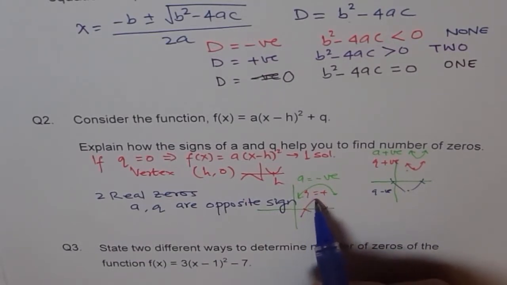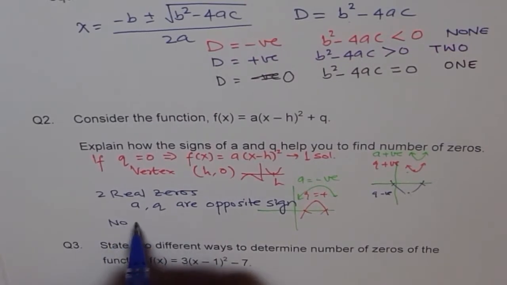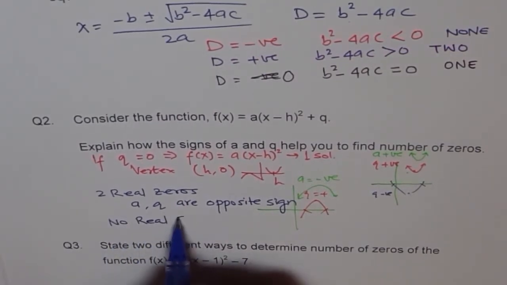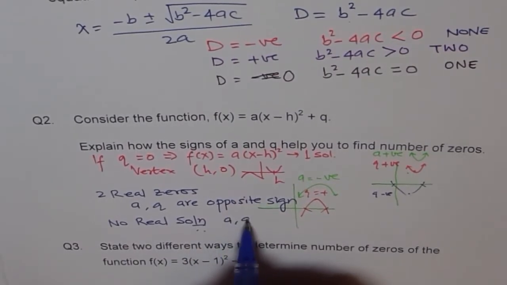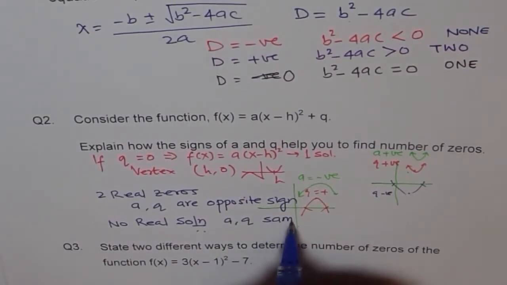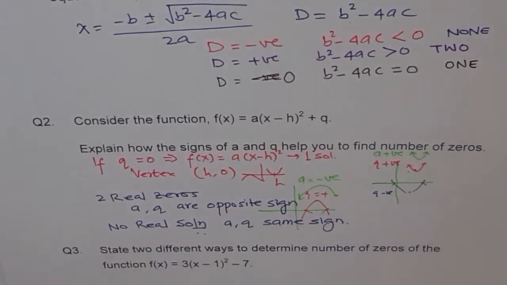Then q is here and going down, right? And no real solution if a and q are the same sign. Do you understand? Does it make sense? Yes, it does. So very important conclusion: just by looking at the equation, you can figure out how many solutions there will be.